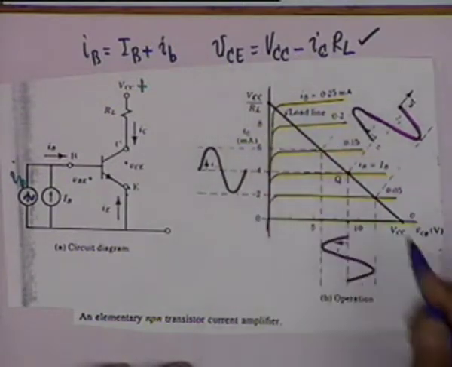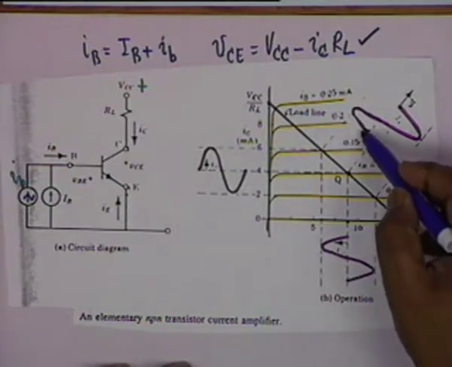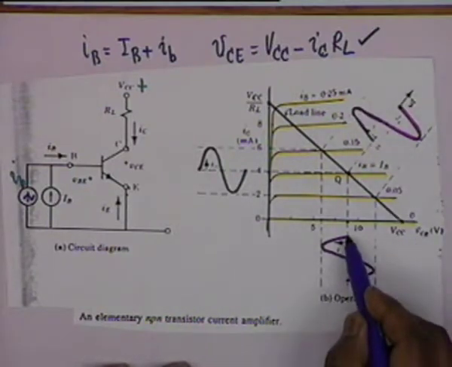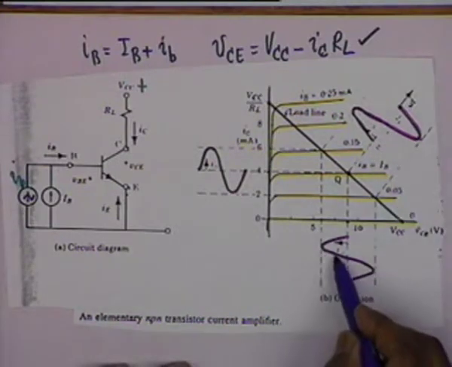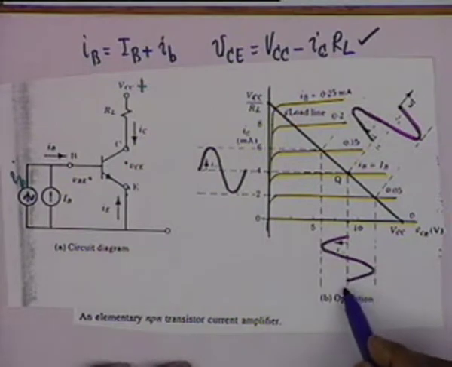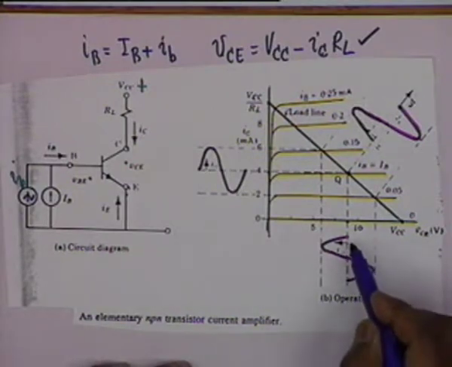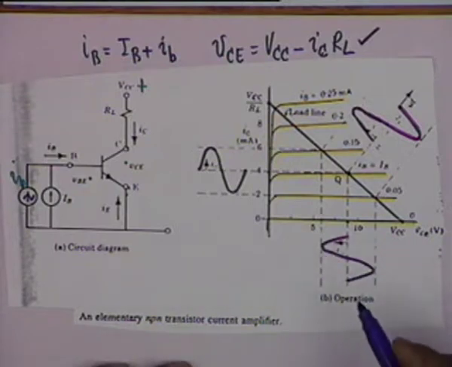Is that clear? It is also shown here that when the base current increases, the collector to emitter voltage decreases. All right. When the base current decreases, the collector to emitter voltage increases. So there is a corresponding variation in VCE, but in opposite phase.